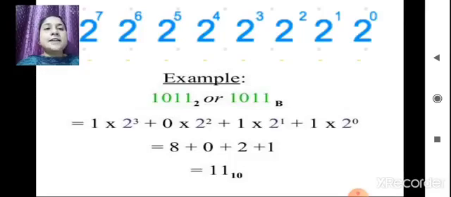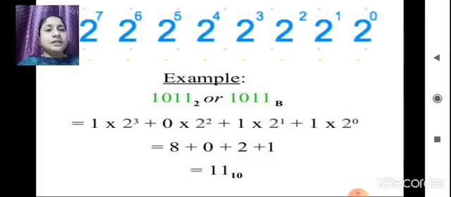So like this it will work. Now you can see here an example is given. We already saw that the symbols used are only 2 numbers, 0 and 1. So whenever the binary number system is used, you will see only 0 and 1. See here the example: 1 0 1 1, base 2. How will it be written?